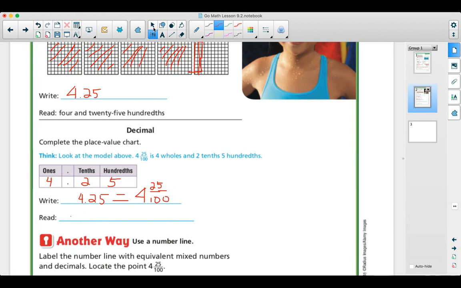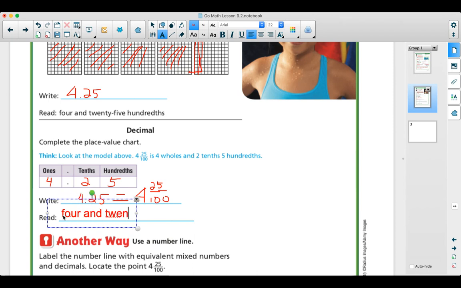How do you read 4 and 25/100ths? 4 and 25/100ths. This is very important: you need to add the THS at the end of 100, because that shows you that it is a decimal.